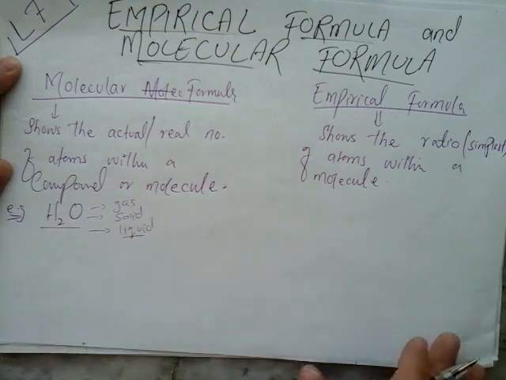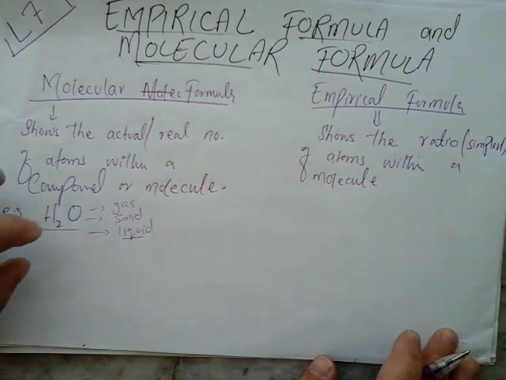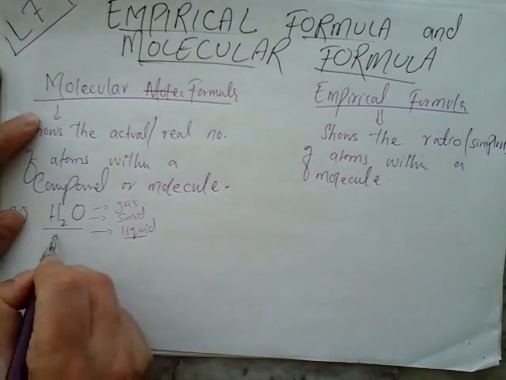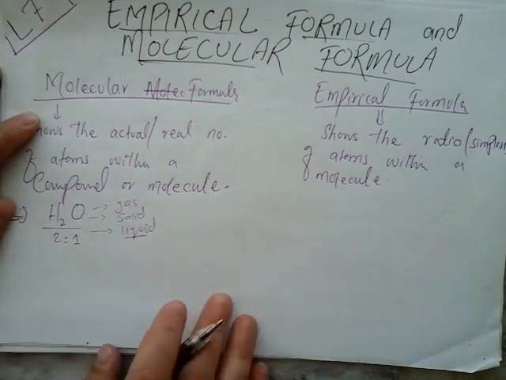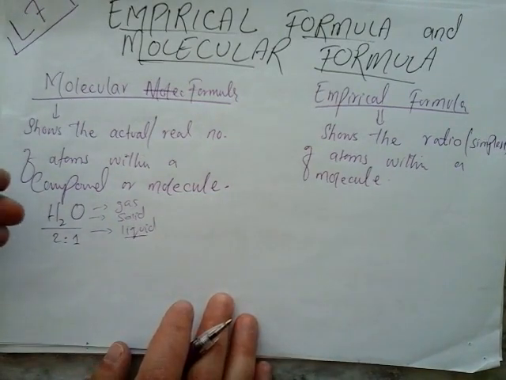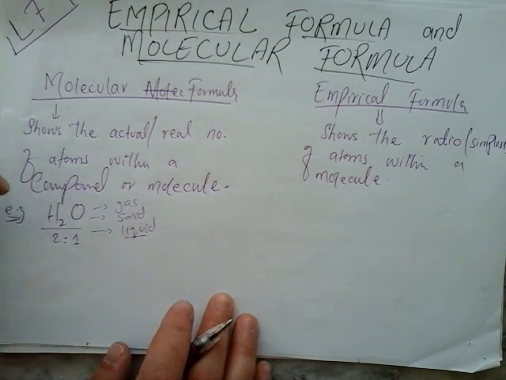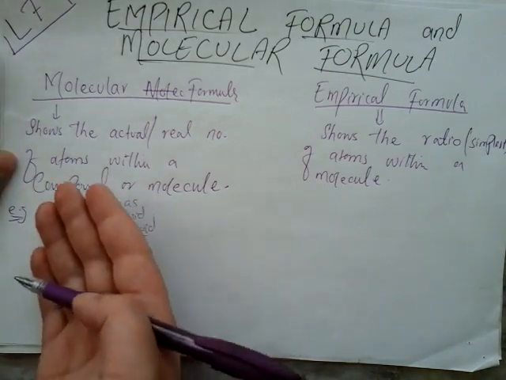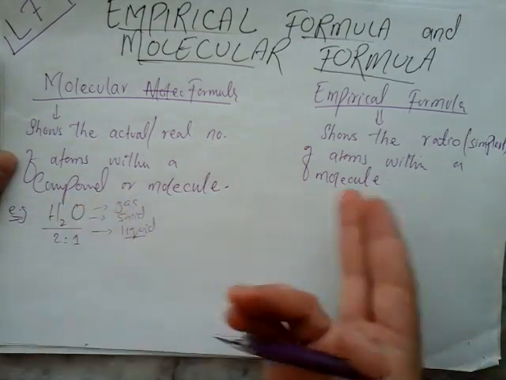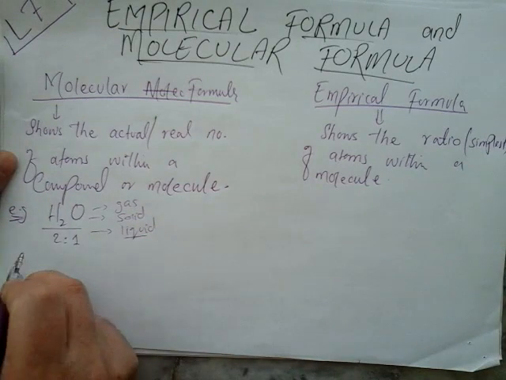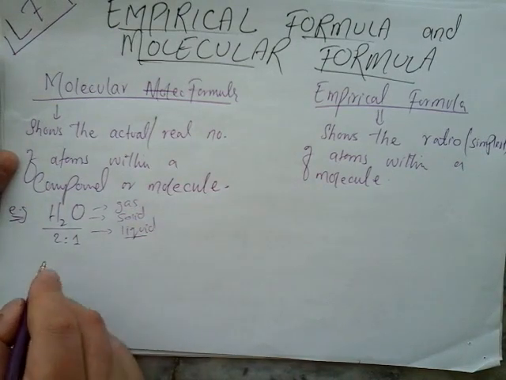In all these 3 states, the number of atoms within the molecule would be the same, that is 2:1. Is that clear? So for this molecule, the molecular formula and empirical formula are the same, the simplest ratio. On the other hand, there are some larger molecules.